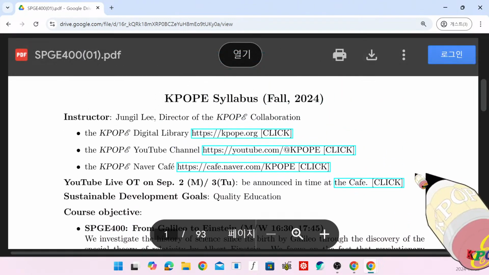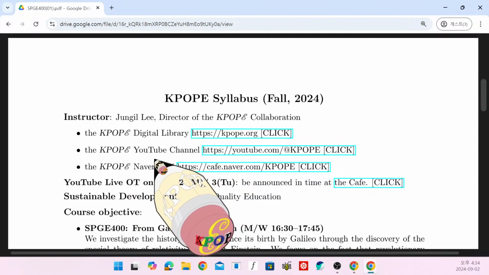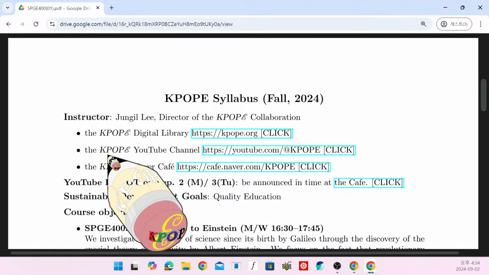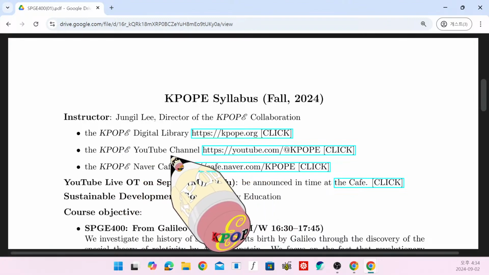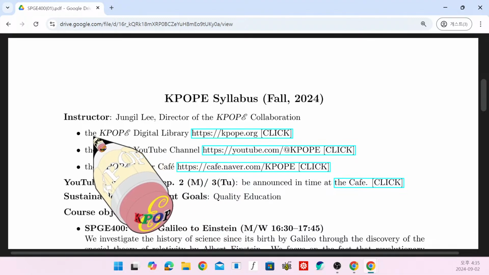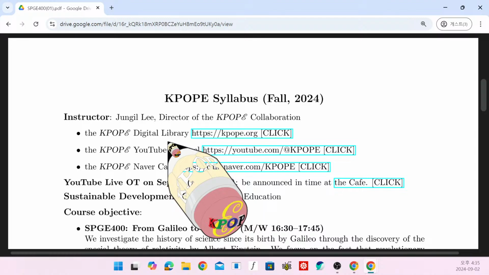This one explains what the K-pop digital library is and how to visit the YouTube channel. But if you visit the YouTube channel, it is too busy. So I recommend you to stay in the digital library, in which all of the information is classified systematically.